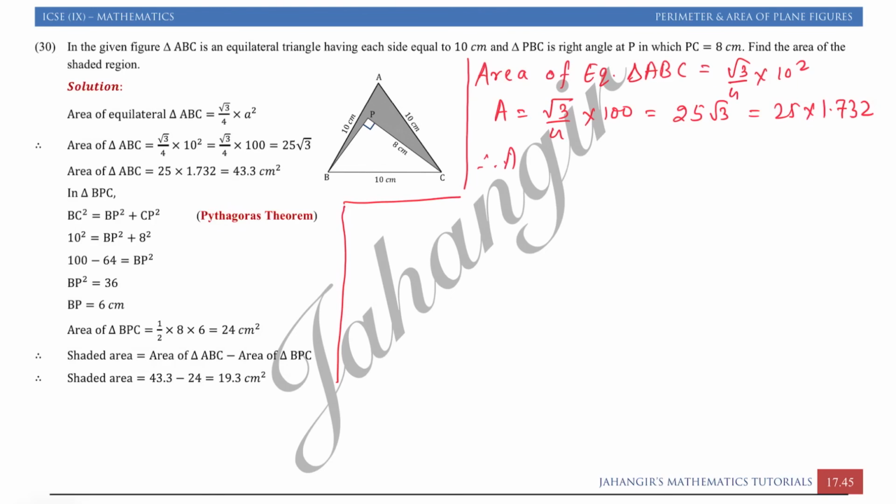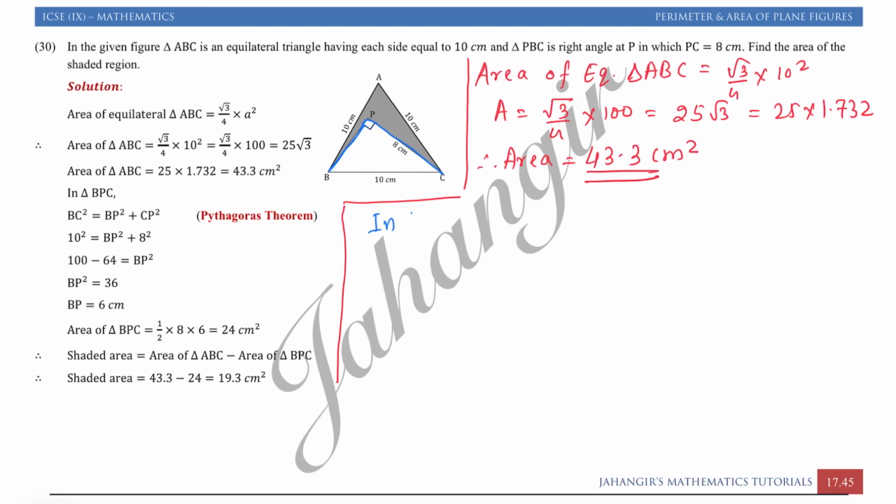So therefore area is equal to 43.3 centimeter square. Now we will find third side, this perpendicular side of right angle triangle by Pythagoras.